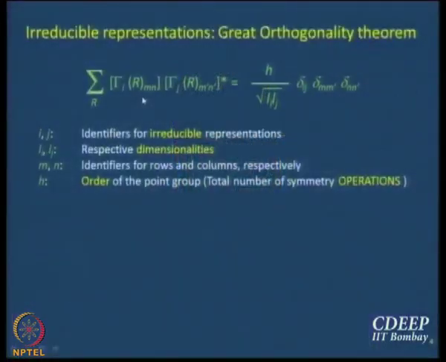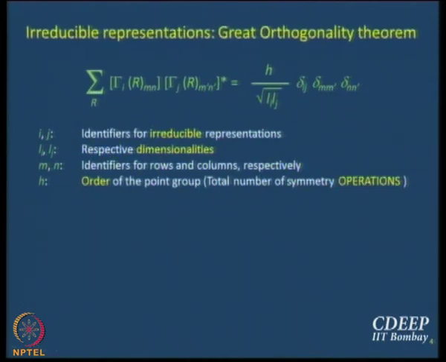So what are we doing? We are multiplying a matrix element by the complex conjugate of another matrix element, essentially, right? I have written down all the possible irreducible representations. I take any arbitrary matrix element from somewhere, multiply it by another matrix element, but the second matrix element is not completely arbitrary. It is the matrix element corresponding to the same symmetry operation.